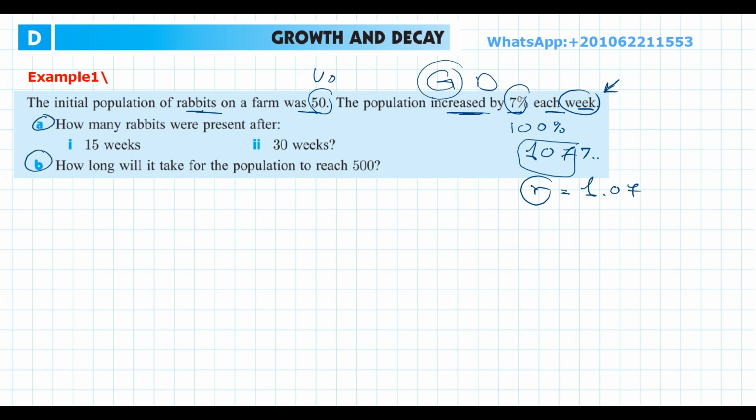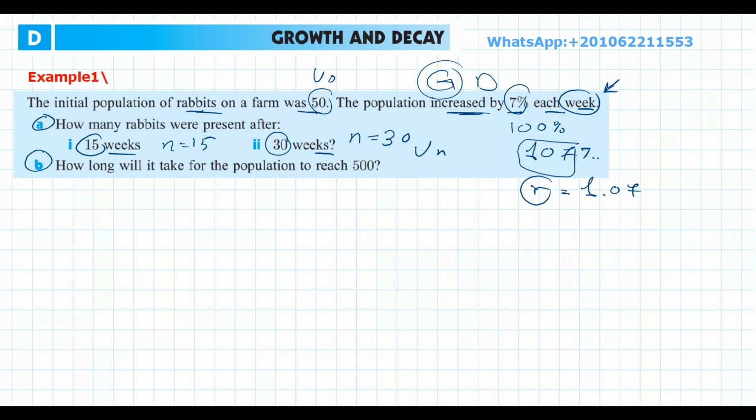We have two questions. The first one: how many rabbits were present after 15 weeks? Then while n equals 15, we need to determine un, and while we have 30 weeks, you need to determine un, which is the number of rabbits.